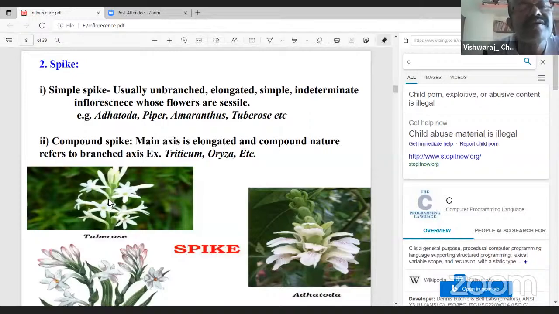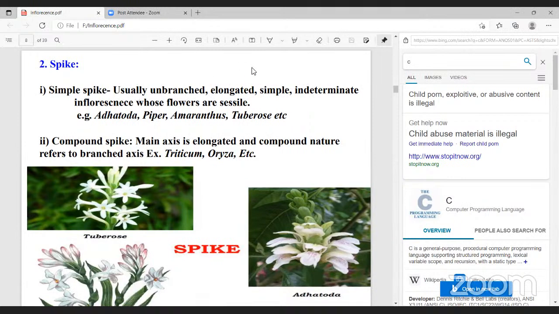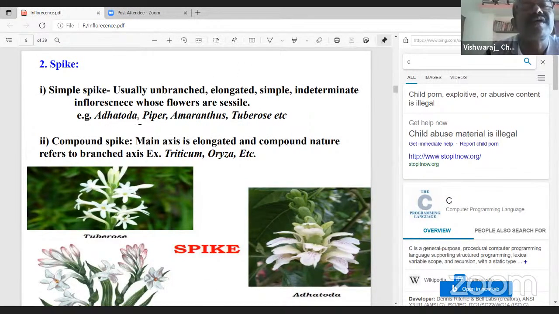Flowers develop directly on the stem or peduncle. That is a sessile flower. A spike flower is a sessile flower. Adhatoda, Piper, Amaranthus, tuberose are some examples of spike flowers.